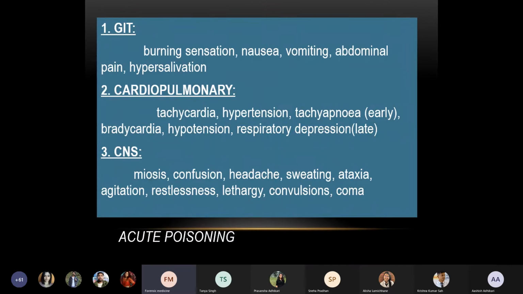Central nervous system symptoms include miosis, confusion, headache, sweating, ataxia, agitation, restlessness, lethargy, convulsion and coma. Miosis means the constriction of the pupils.